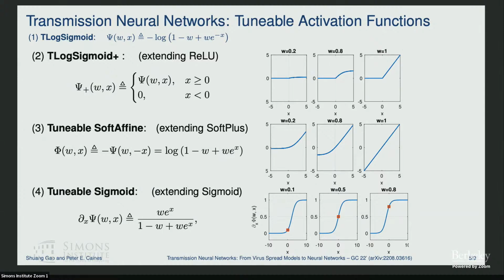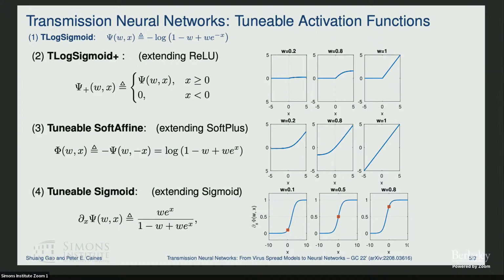One is the tunable log sigmoid plus, which extends the standard ReLU activation function. And the other is tunable softplus, which extends the standard softplus activation function. So this basically says when we take the state to be the negative information content, then the activation function we get will be the double mirror of the tunable log sigmoid function we started with.